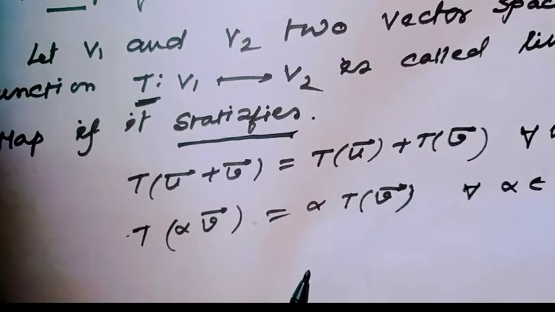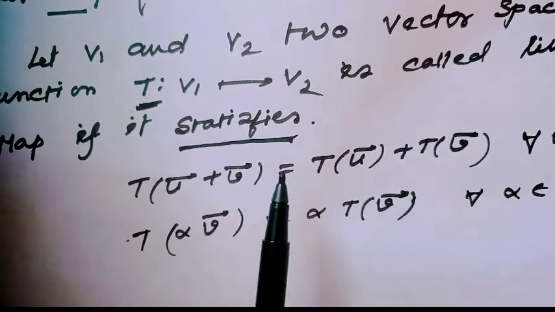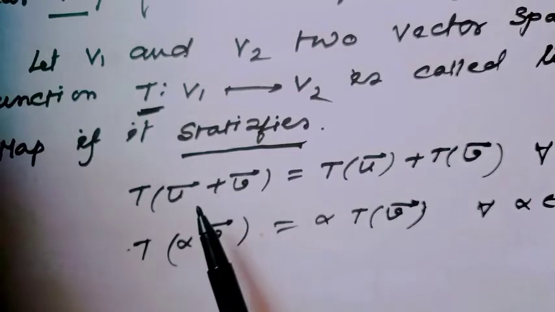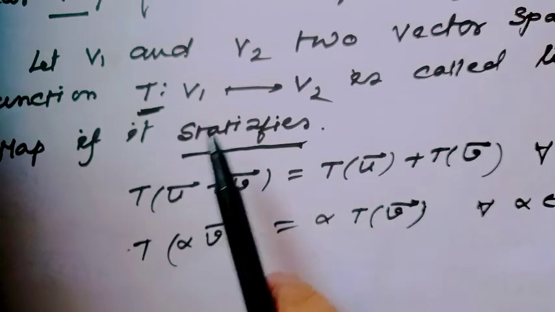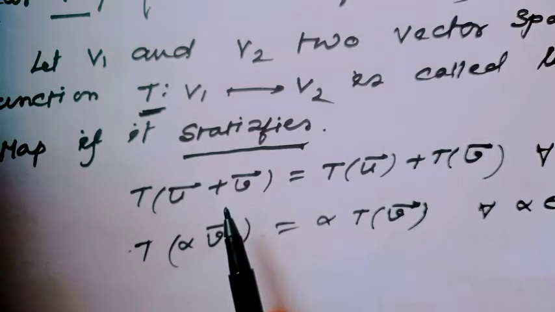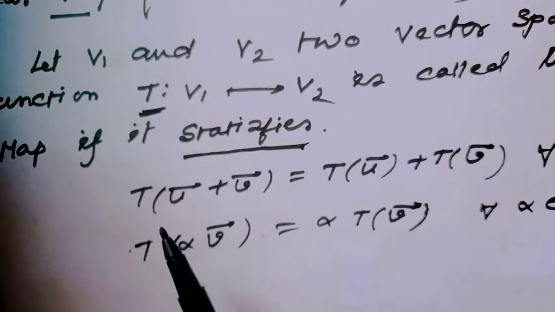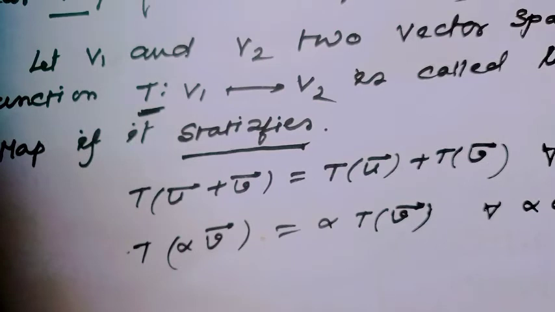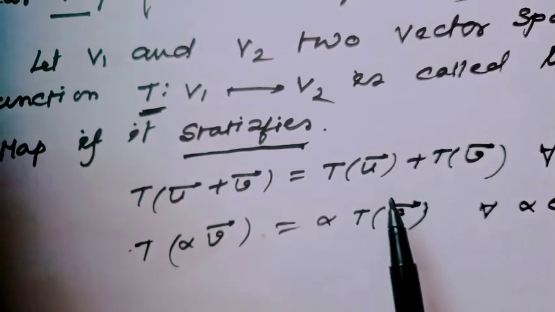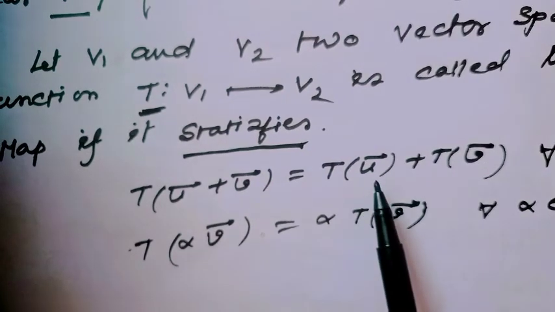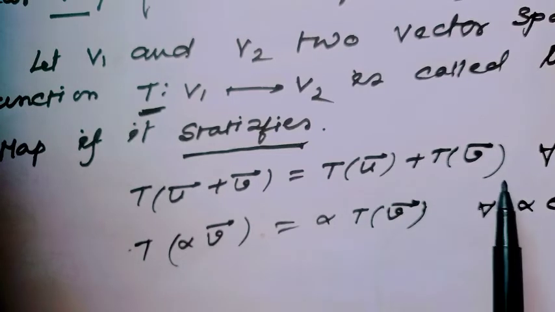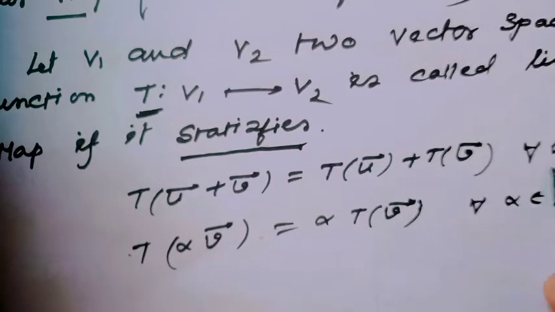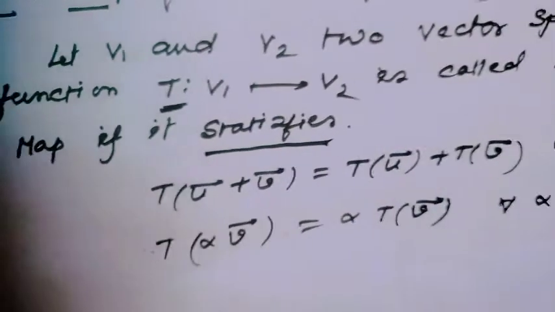First condition, T of u plus v: if we take two arbitrary vectors from V1 and add them, then the transformation of the sum is equal to the transformation of u plus the transformation of v, where the vectors u and v belong to the space V1.